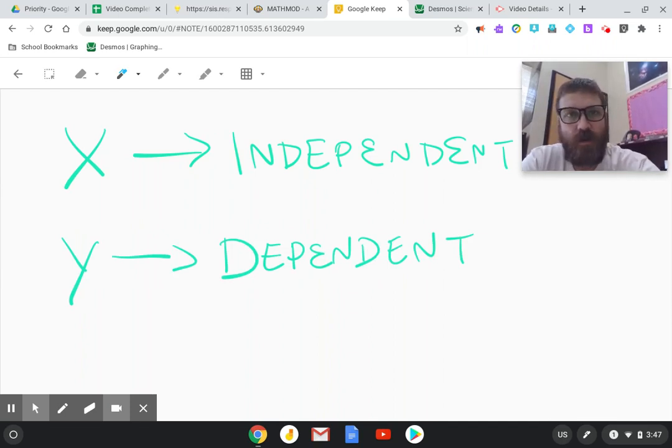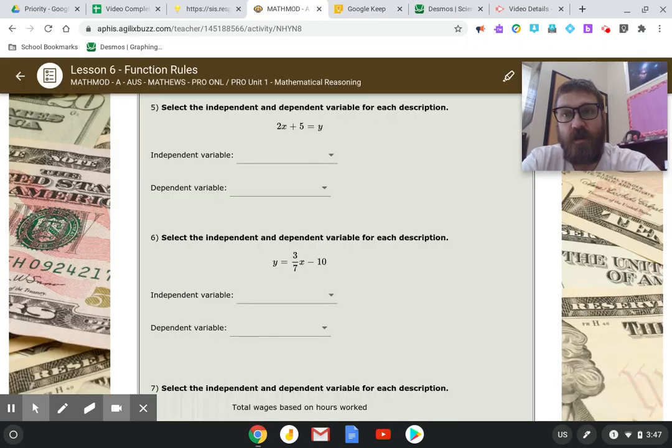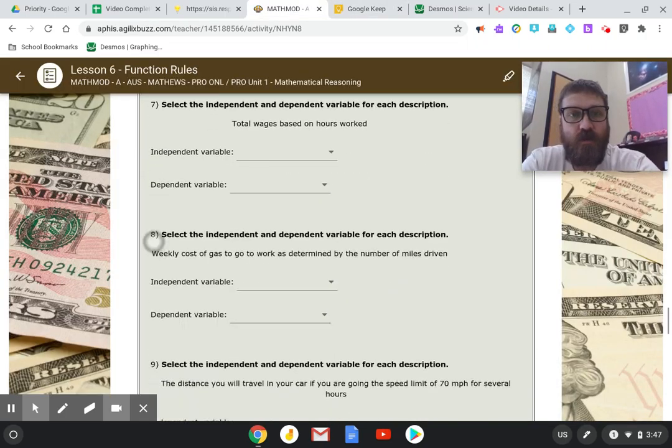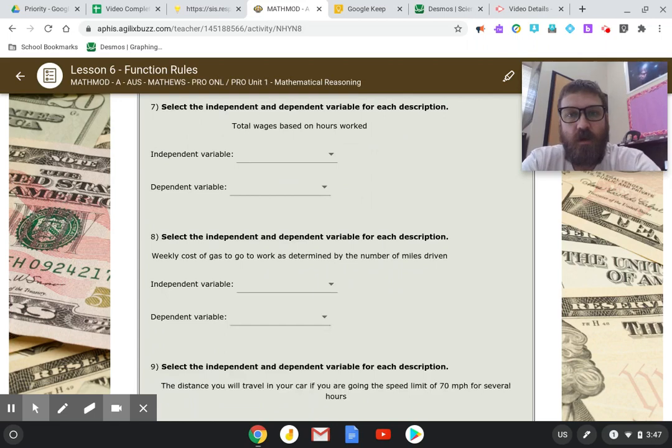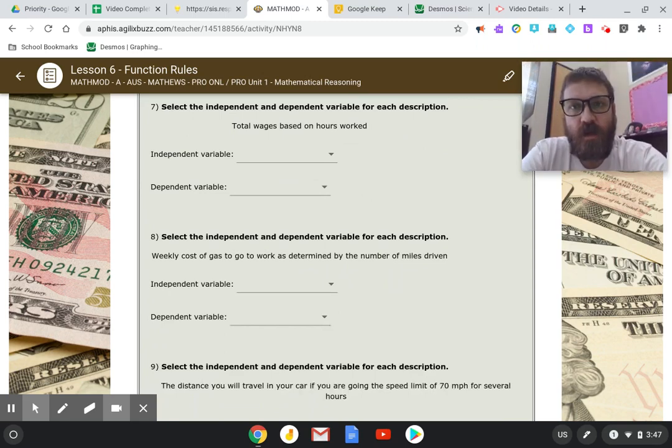After that, or beyond that, you're going to have to do some thinking, and you're going to have to figure out, based on the example or whatever the way that the problem is worded, what is the independent and dependent quantity. So remember, the independent quantity is the thing that comes first in the relationship. It might be something to do with time.